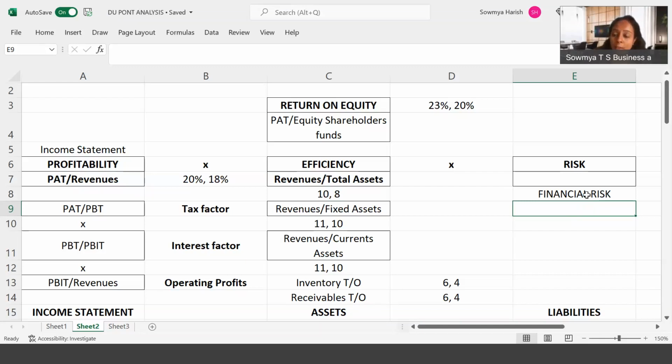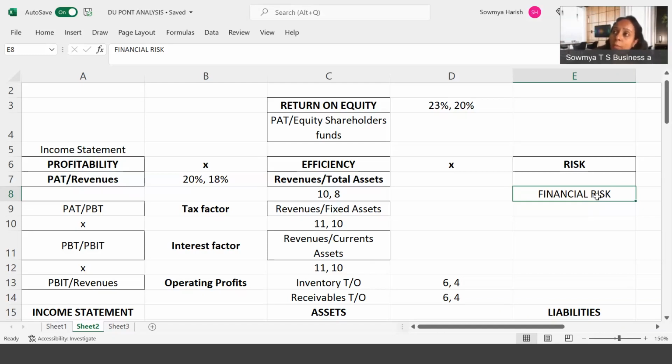to the entire organization. So financial risk arises when there are borrowings in the company, and when there are borrowings, the firm has to regularly pay the interest payments and also fulfill all the obligations of the debt holders. If the firm is unable to pay the interest payments on time, then the debt holders can take over the assets of the firm.